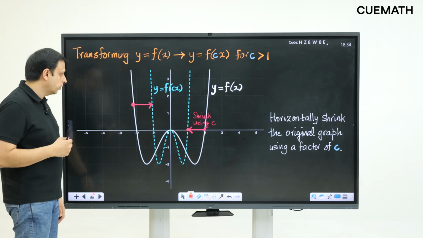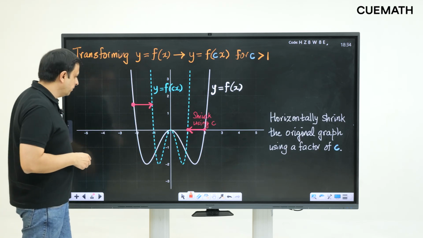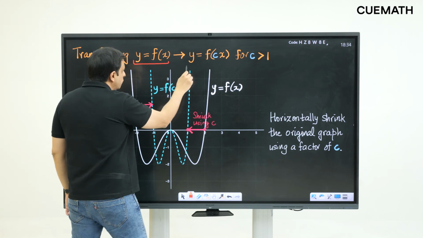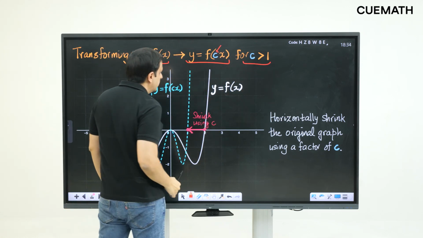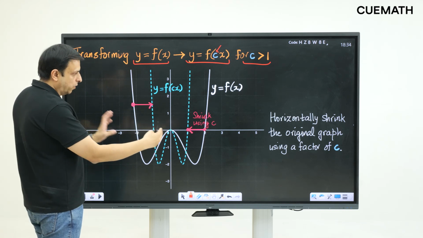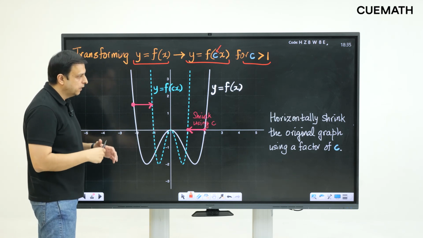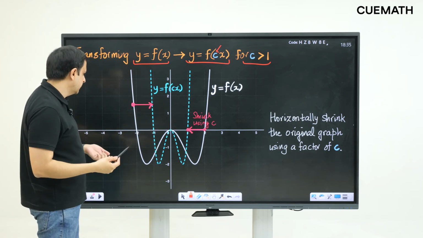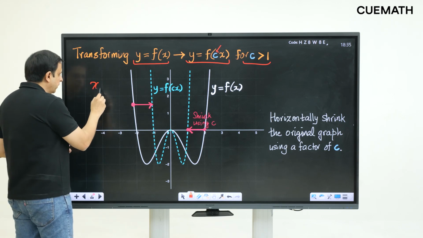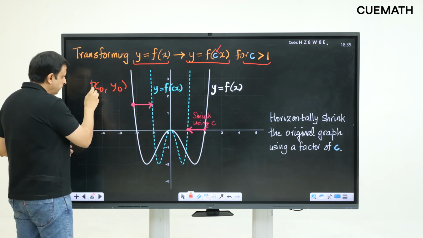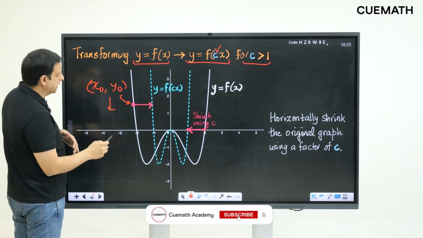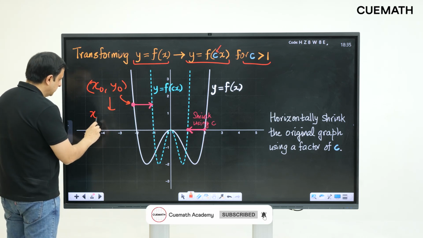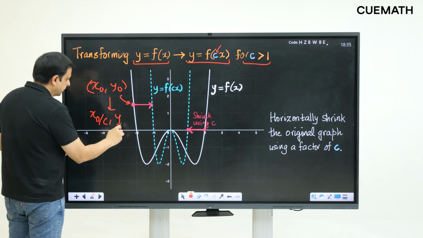So let's summarize what we have learned. If you're transforming f of x to f of cx, where c is a constant greater than 1, then this is effectively a horizontal shrinking of the original graph by a factor of c. That's because any point x naught comma y naught on the original graph is transforming to the new point x naught by c comma y naught.